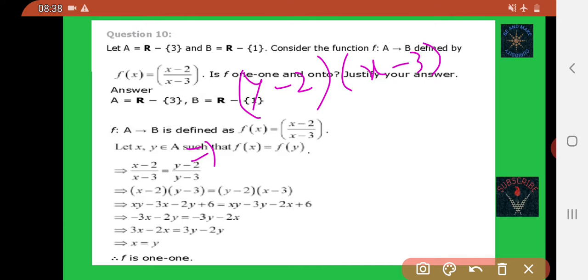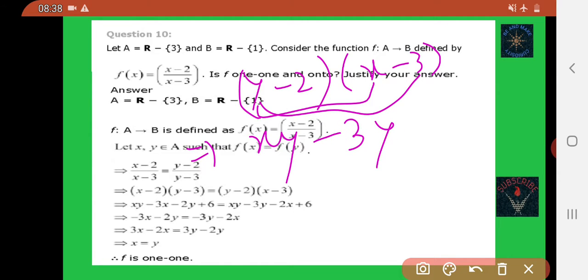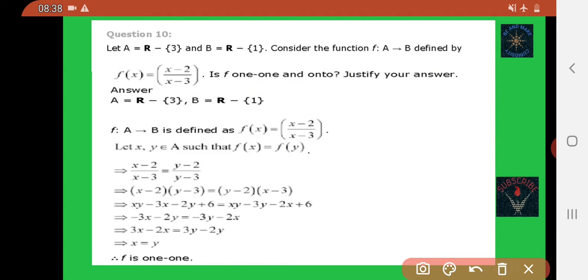So you multiply, you get xy, then y into minus 3, minus 3y, then minus 2x, then plus 6 on the right side. Okay, so here you get the right side this much.